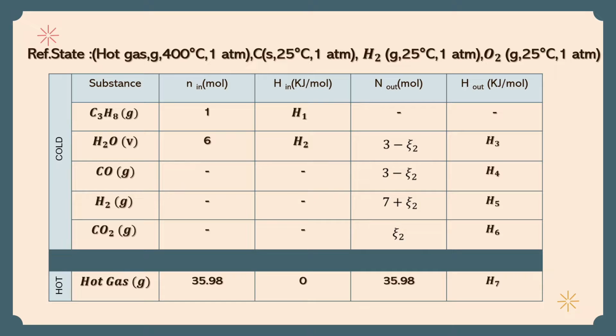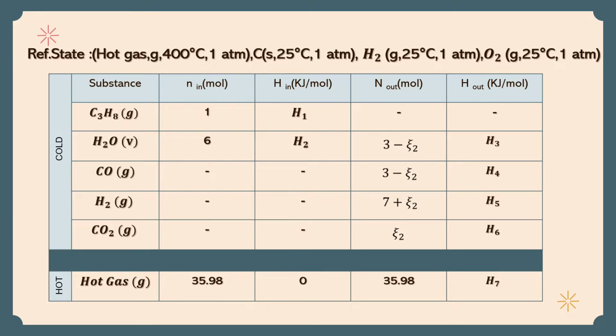Before we start to draw our table, we have to set our reference state first. For this question, we set the hot gas reference state, which is the same as the input stream of the hot gas: gas phase at 1400 degrees C and 1 atm, carbon solid at 25 degrees C and 1 atm, and hydrogen and oxygen in gas phase at 25 degrees C and 1 atm.